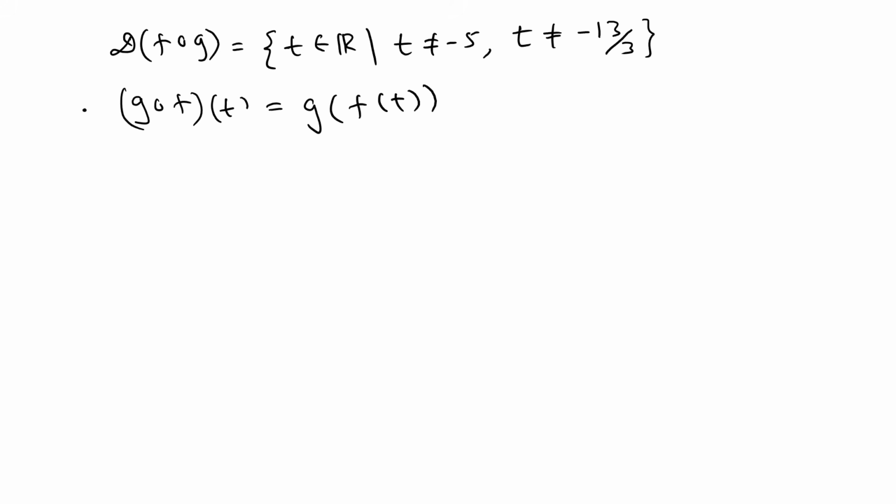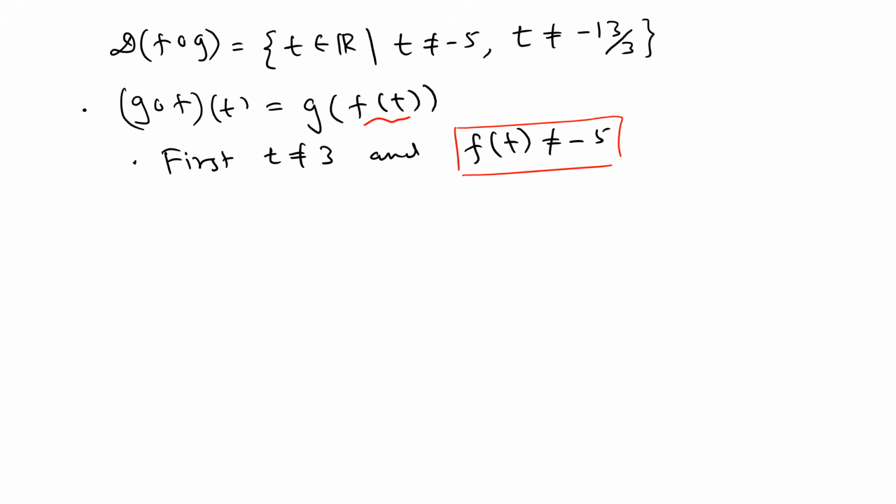So that means first this should be defined. Again, as before, first t cannot be 3, and then again the f of t function should not give you negative 5, because that value is not in the domain of g.